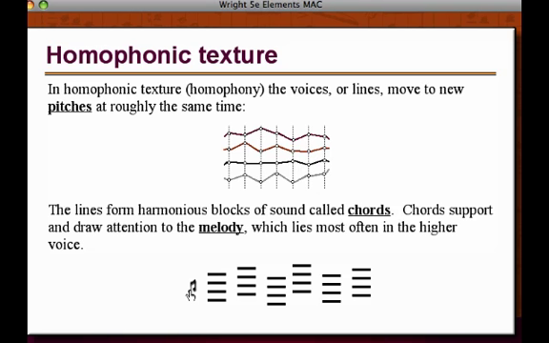So if you keep in mind the definition of melody is a series of pitches moving through time, then that purple squiggly line is formed out of the top note or the melody in the sopranos.